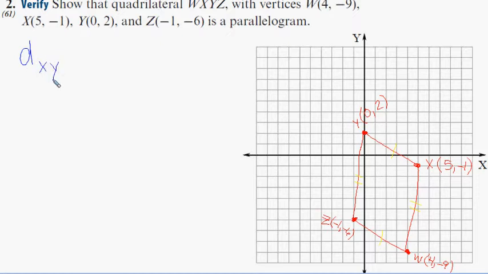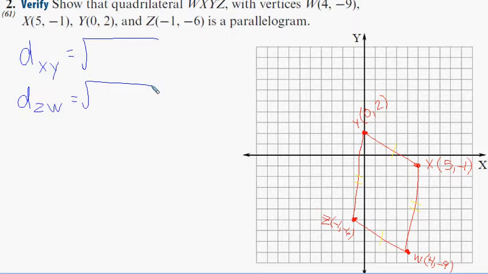So for example, dxy, that's this one right here, from here to here. I did that one first, using the distance formula, and then the next one I'm going to do is the distance of ZW, and then those two should match, right?